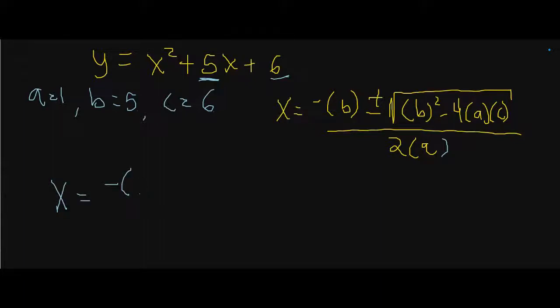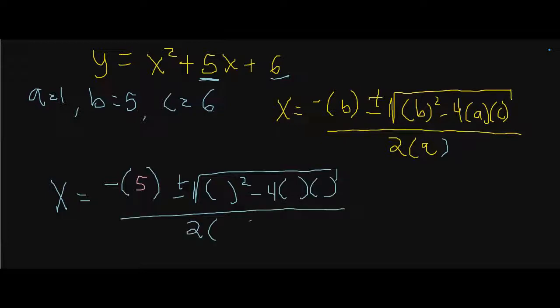and I'll do some color coordination here, we're going to get 5, because b is equal to 5, so we just replace it. It's going to be plus or minus the square root of a here and c here, and this is all divided by 2a.